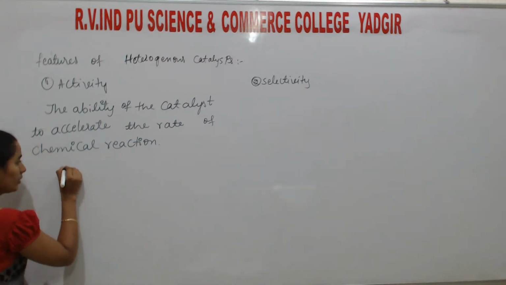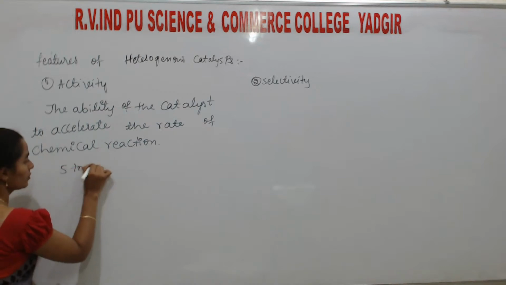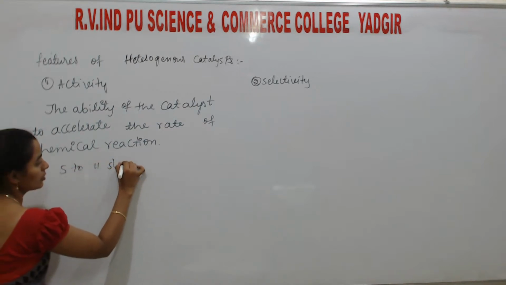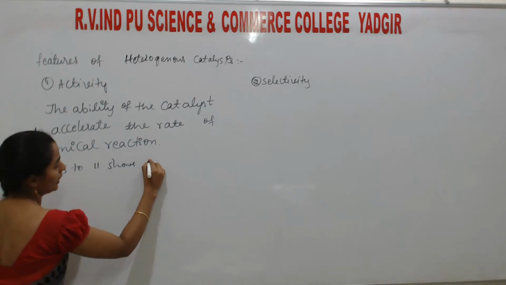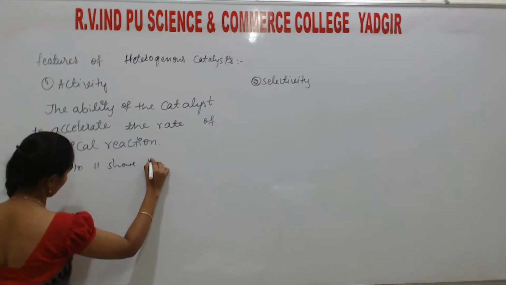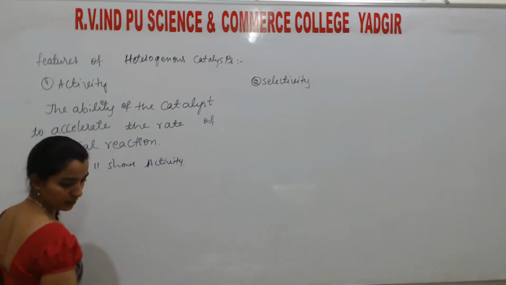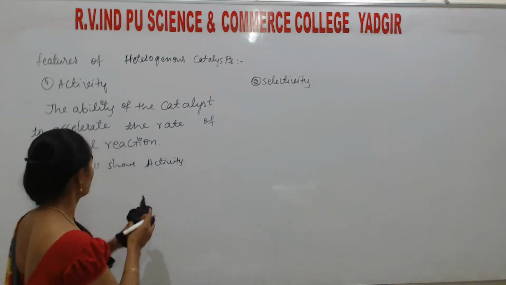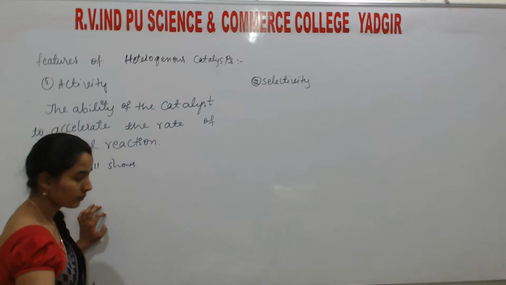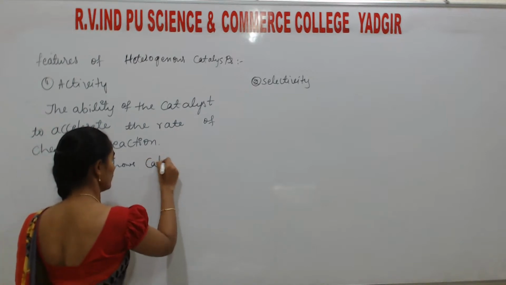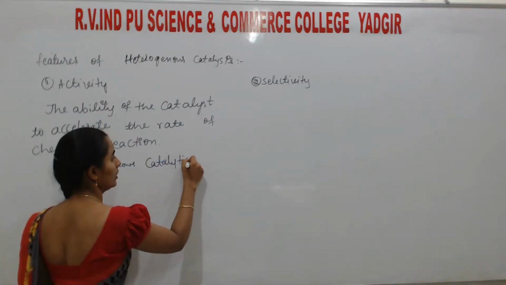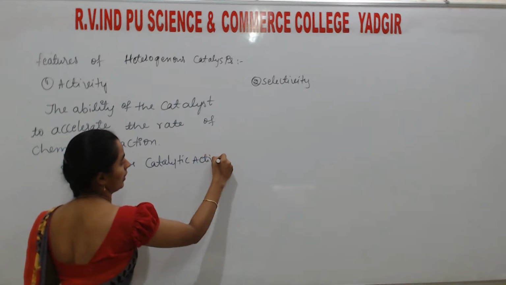Group number 5 to group number 11 shows high activity, or more active, shows catalytic activity.